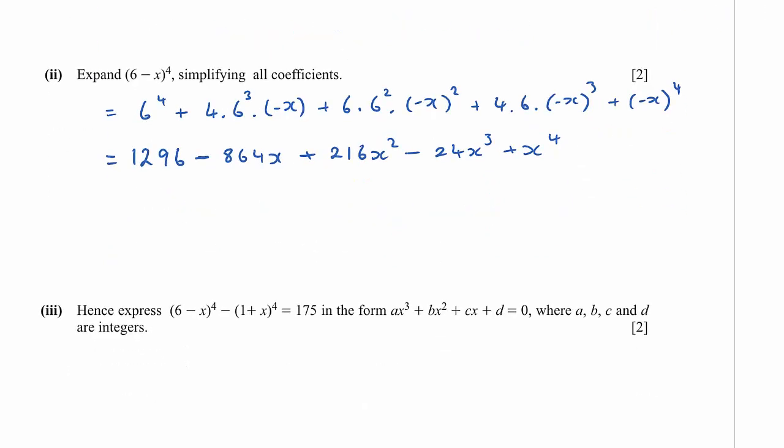Okay, so we've got (6 − x)^4 take away (1 + x)^4 equals 175. I want to make that into a cubic.